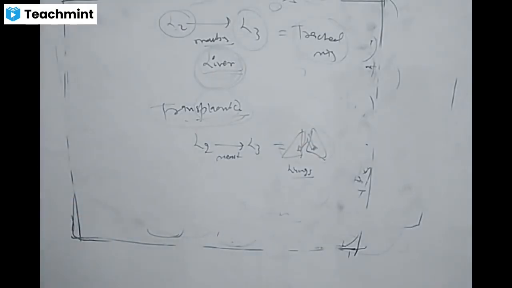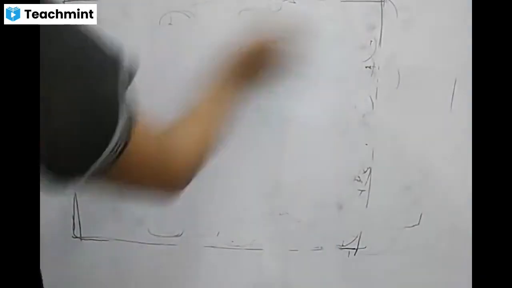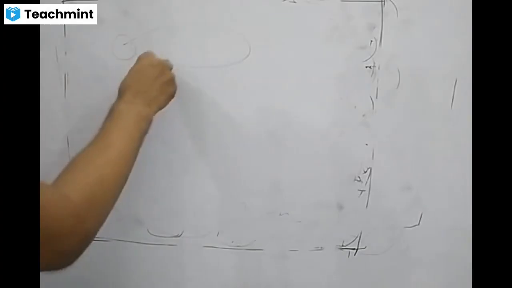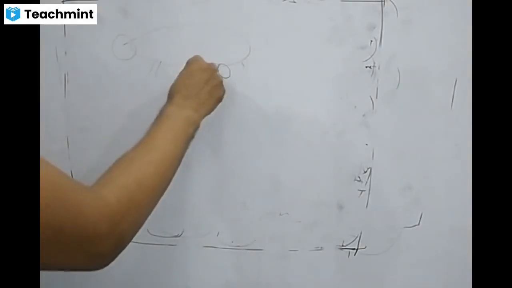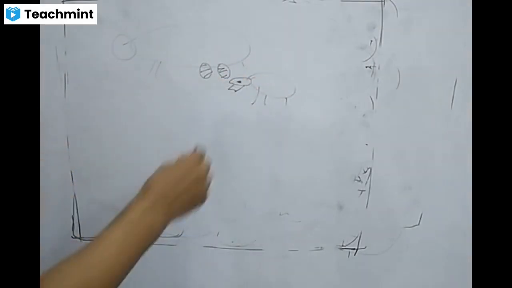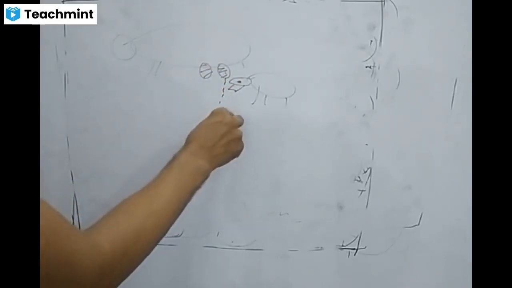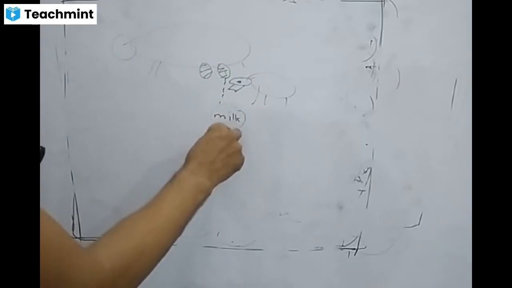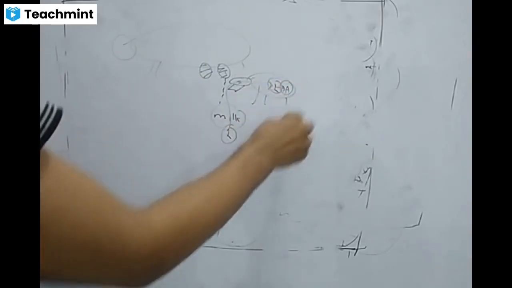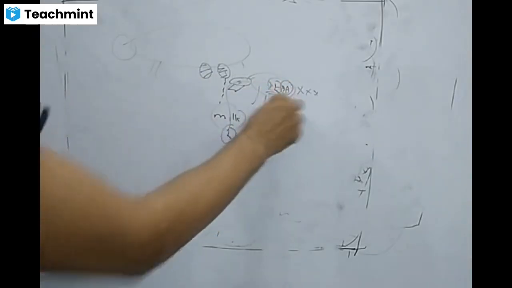Then there are two other forms. One is direct through the milk, that is transcolostral transmission, and one is through a paratenic host. Suppose this is the animal, this is the mammary gland and these are the puppies. Through the milk, larvae come out. This larva enters the puppy and becomes an adult. Then the story stops at this point.